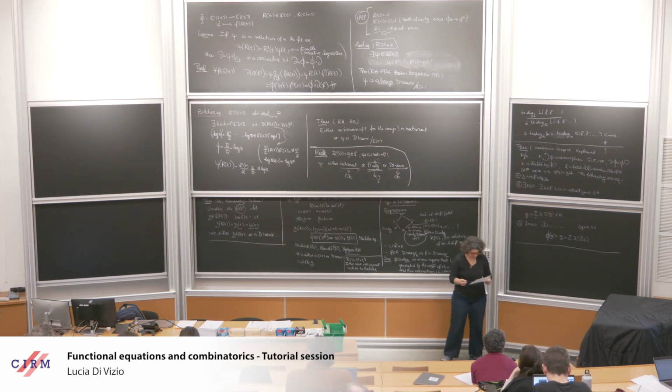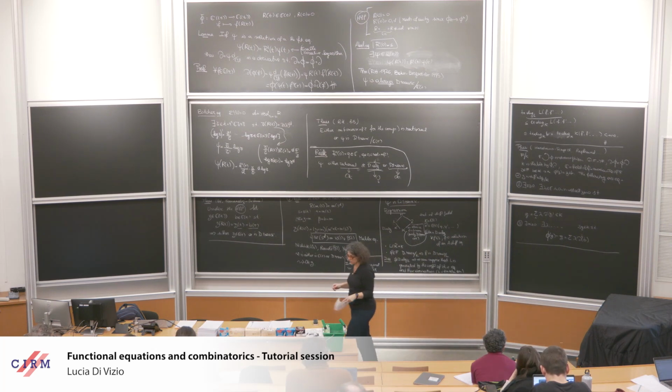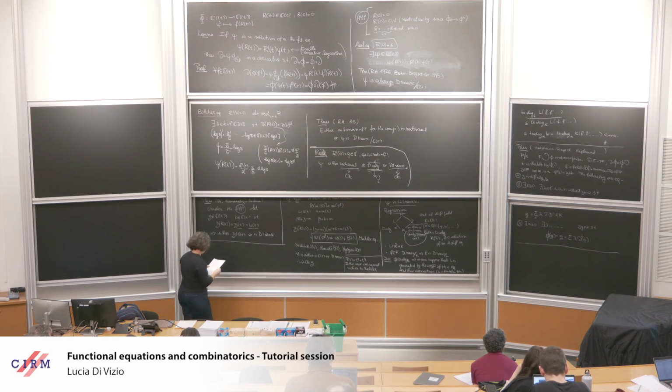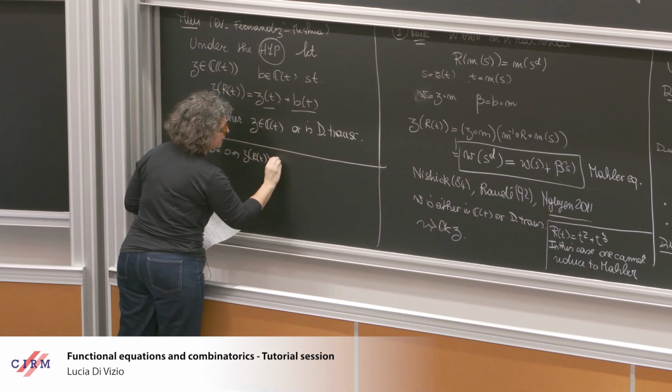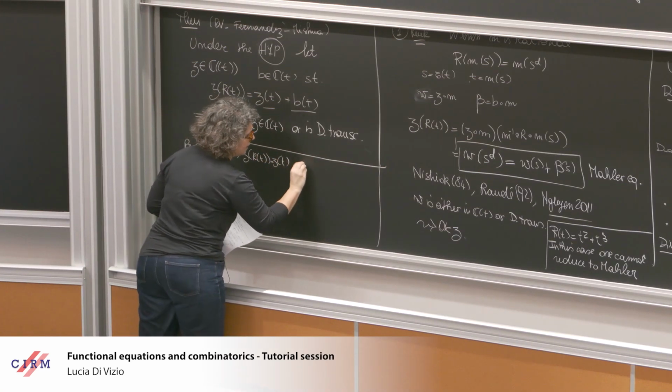Yes, that's the main ingredient of the proof. So where is it? The theorem is here. Well, the first thing I'm going to start with: if B is equal to 0, then phi of Z is equal to Z. It's not very interesting.